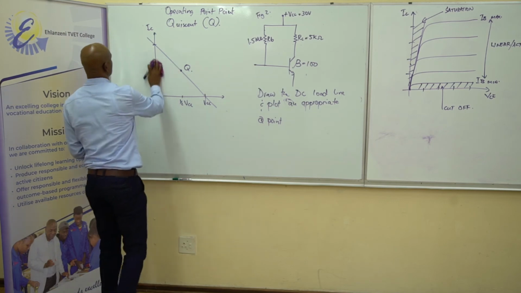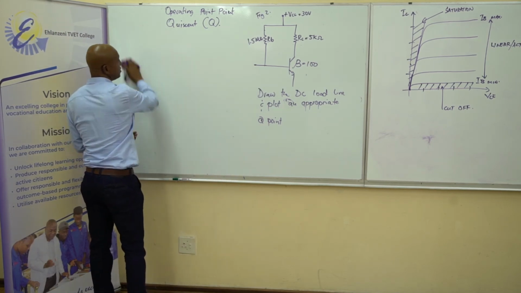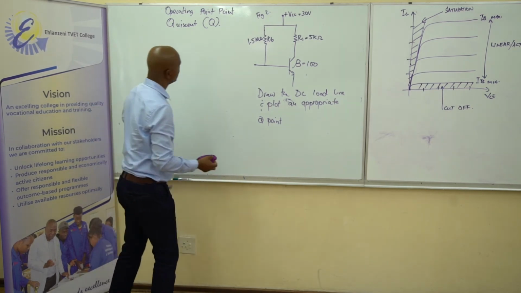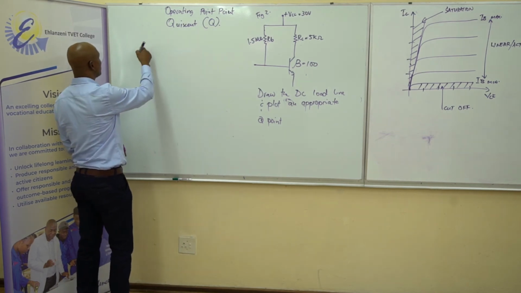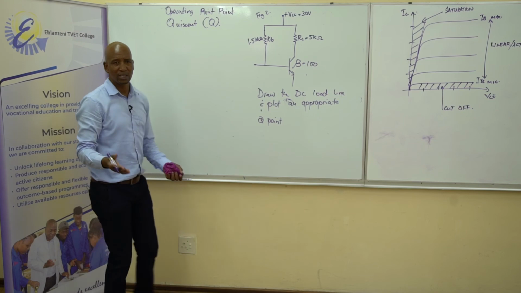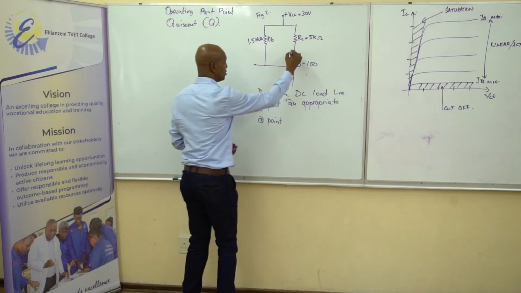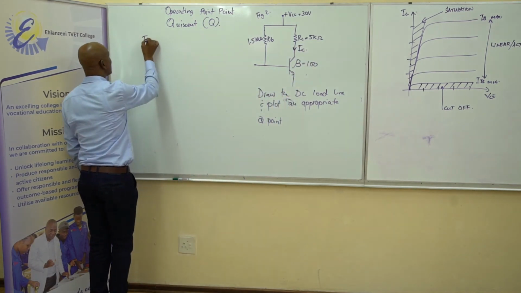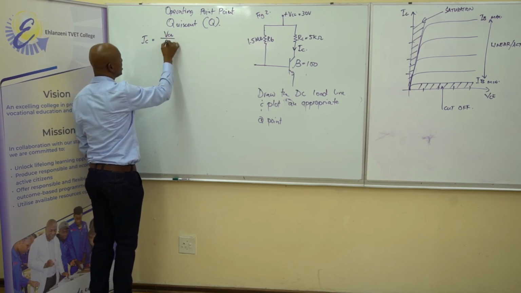Now, let's see. Where do we start with the solution? Remember, we need to draw a DC load line. Let me start with the calculations. We need to find I saturation. We need to know IC saturation. So IC saturation is equal to VCC over RC.